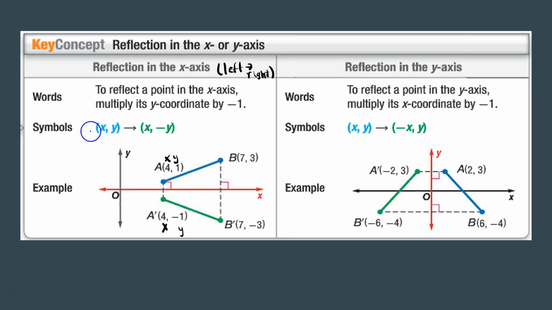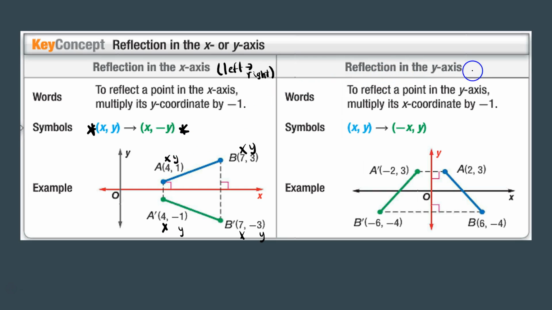You simply use this little handy formula to help you out. Then this is x, this is y. So that's still 7, but 3 is now going to become negative 3, just shown right here. And it's that simple. You're just following this little formula.